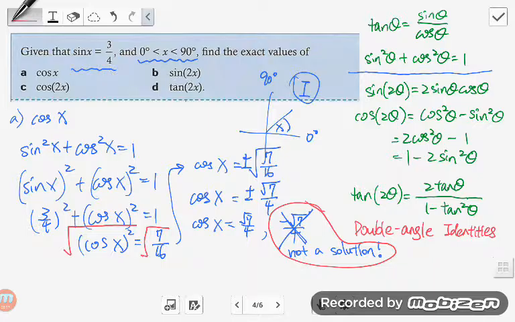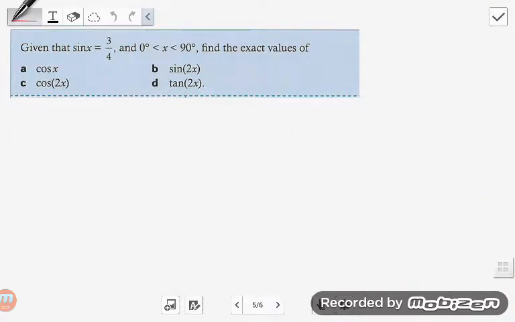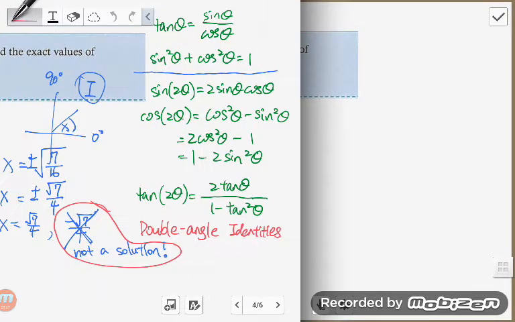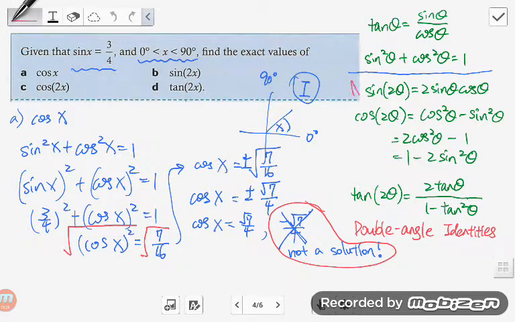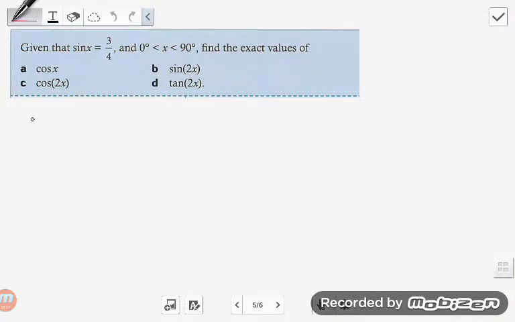All right, let's look at part B. For part B, I have this sine 2x. I can use my double angle identities. So my sine 2 theta is equal to 2 sine theta cosine theta, right? So my part B, sine 2x is equal to 2 sine x cosine x.